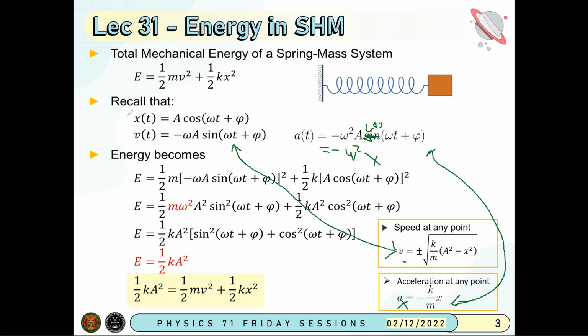Ito naman ay dependent sa time. Okay. So pwede kasing ipahanap, like, halimbawa, hindi ka given ng time. So kailangan mo lang nung these equations kung hindi mo alam yung time. Kapag alam mo naman yung time, pwede mong gamitin ito. So something like that.